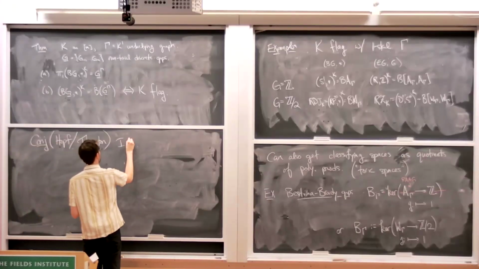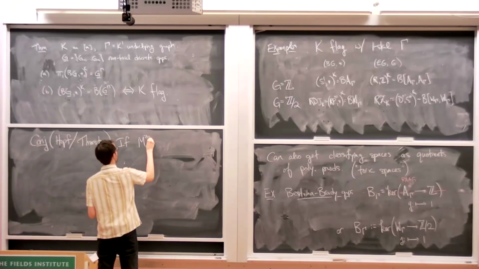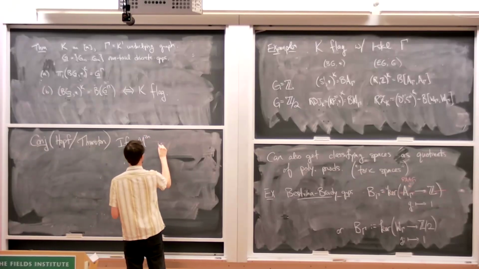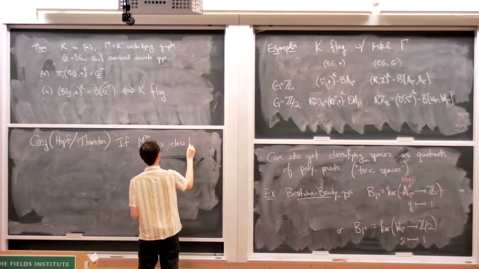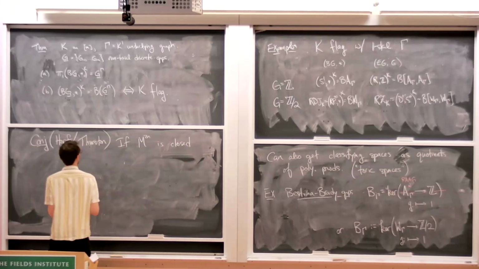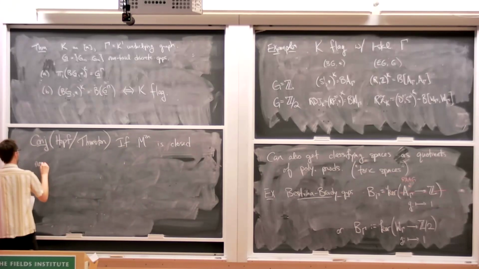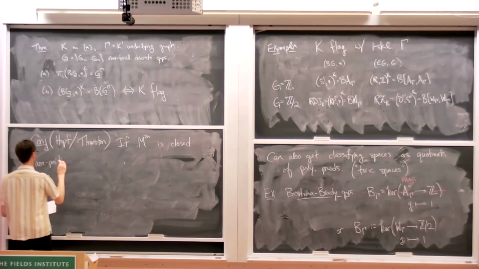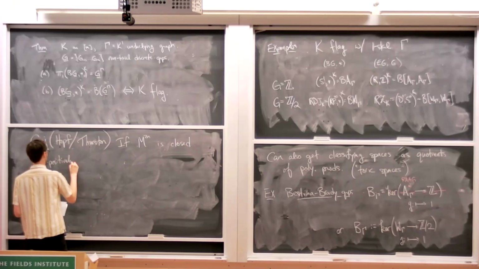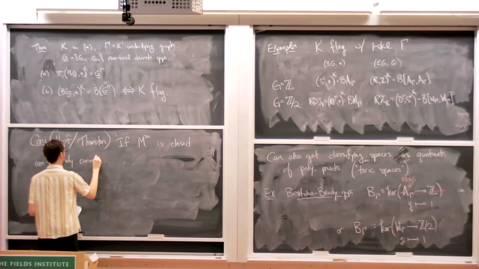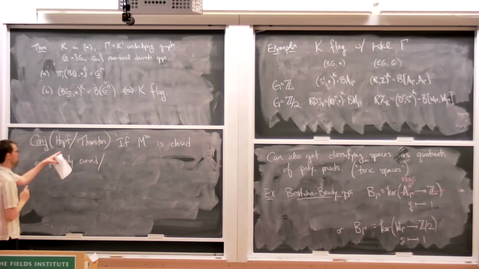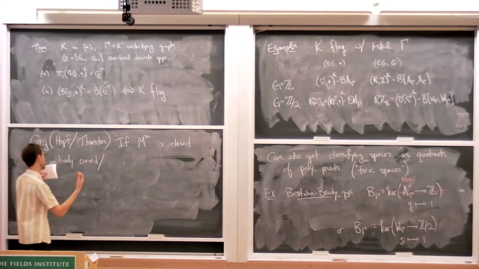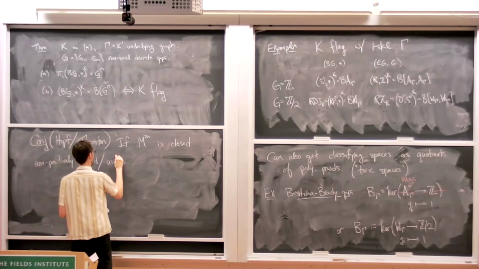So if M is an even dimensional manifold, let's say closed, non-positively curved is what Hopf was interested in. And then later, Thurston generalized the conjecture to just any aspherical manifold.